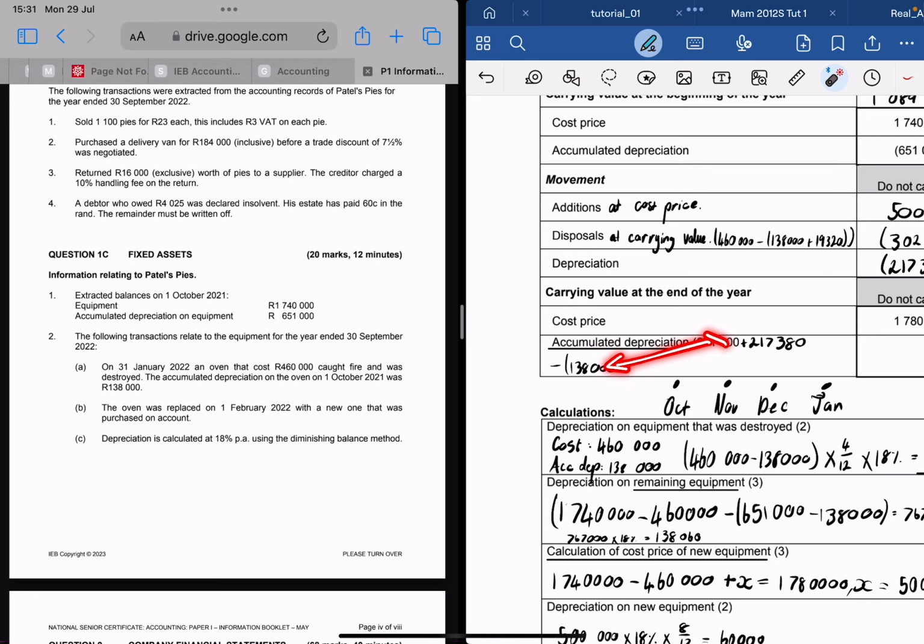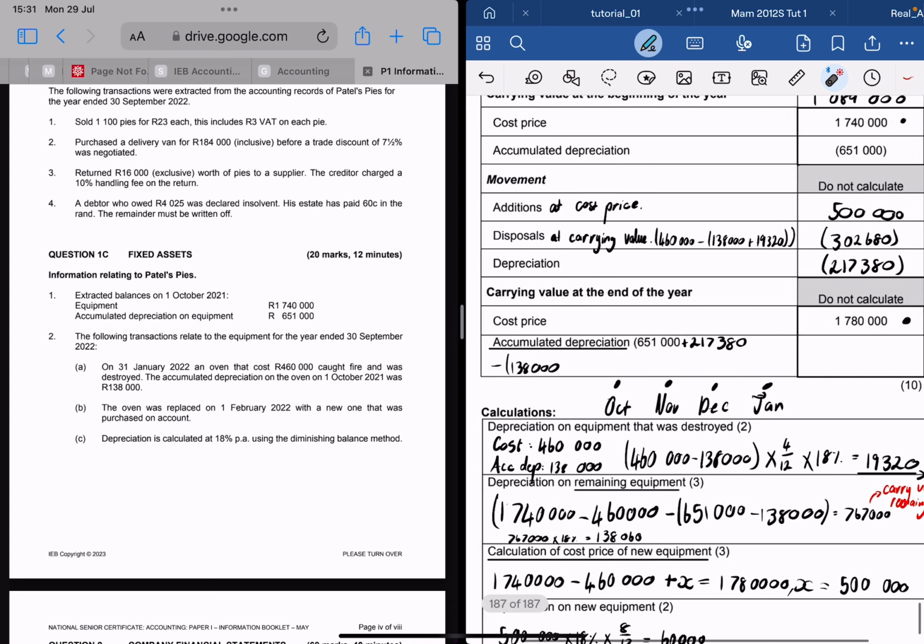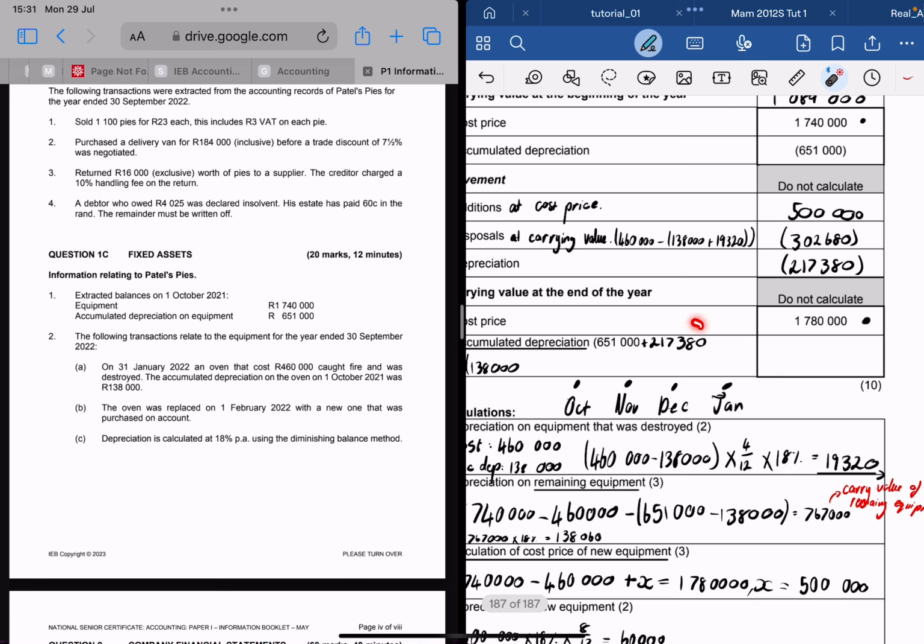So we subtract it to get it out. And then in this 127,380, what's included there that shouldn't be? This 19, right? Okay, those bad circles. The 19320, right? So we need to subtract that as well.